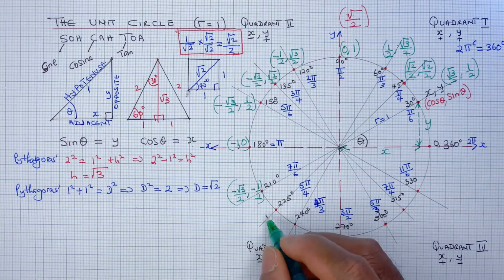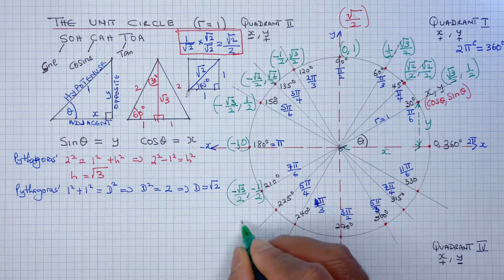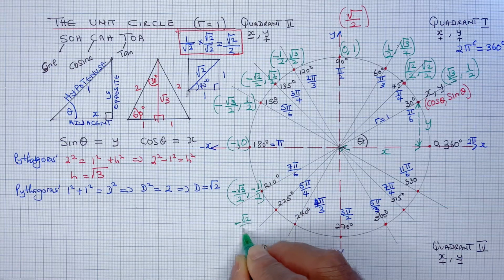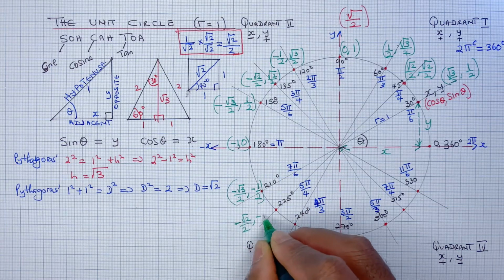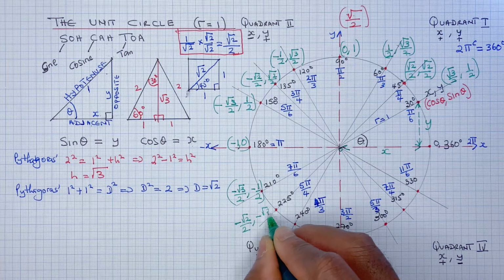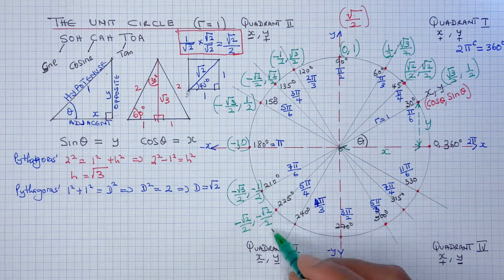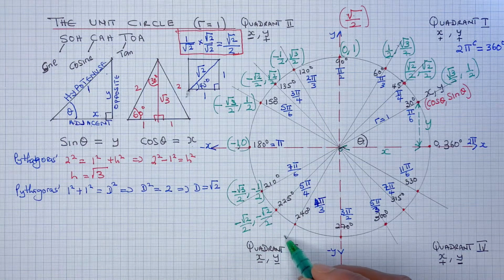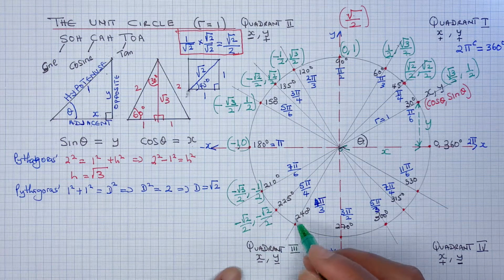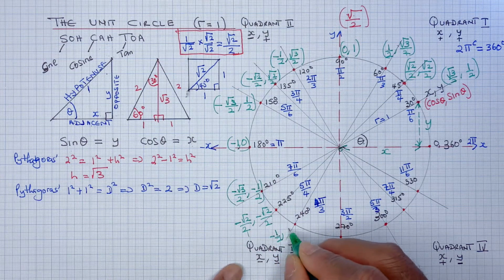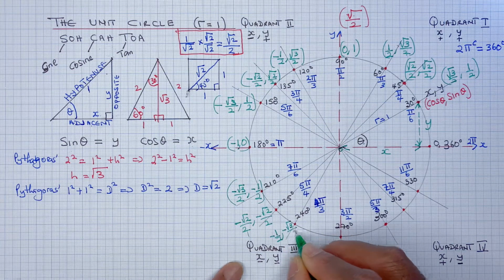Now, again, you're changing the signs, so it's going to be minus root 2 over 2 and minus root 2 over 2, or root 1, root 2. You can suspect the next one will be root 3, right? Root 3. So this one is decreasing, so it's going to be minus a half and minus root 3 over 2.